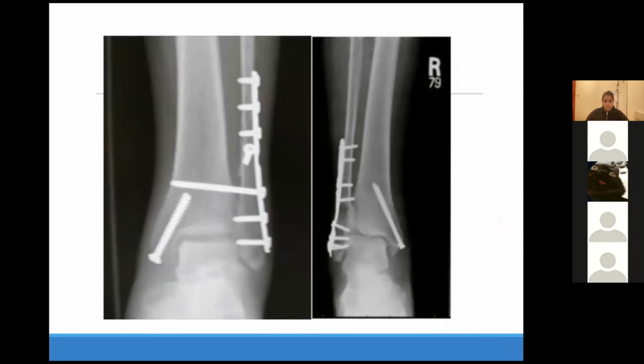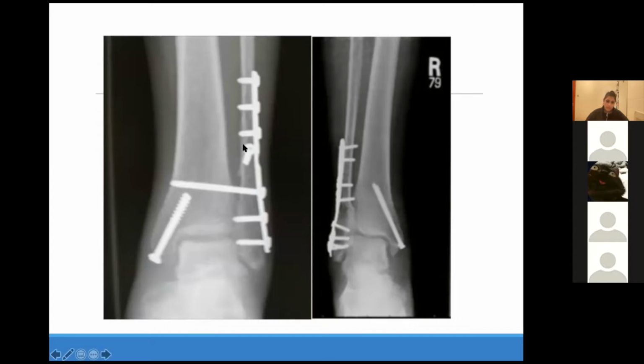Can someone describe to me what they see here? It's a previous bimalleolar fracture, which is fixed with 2 syndesmotic screws and a long plate on the fibula. Yeah, so you can see here, if you follow my cursor, so this is your fracture line of the fibula. Okay, how do I know that?